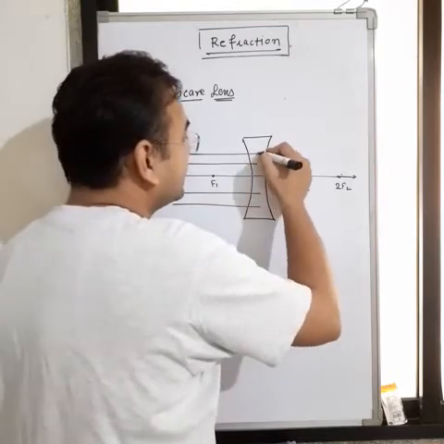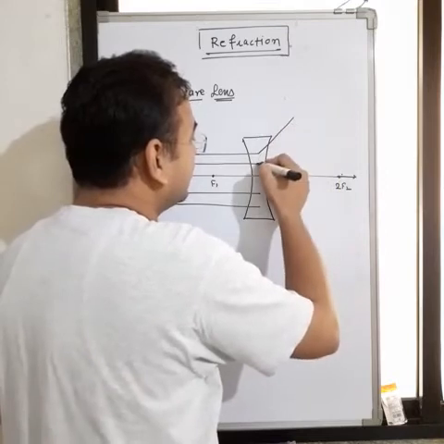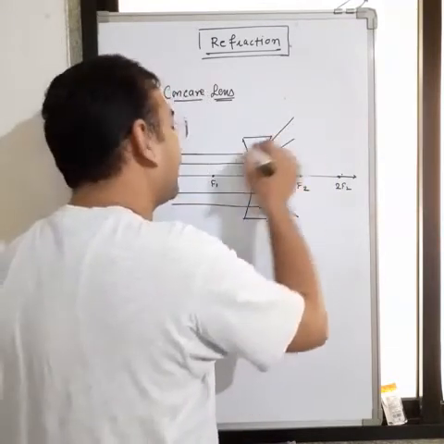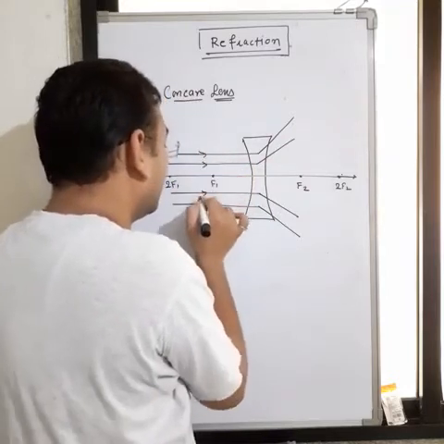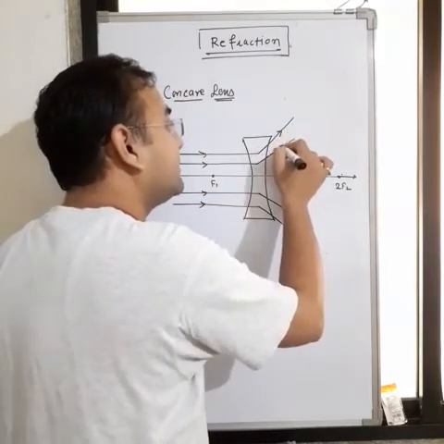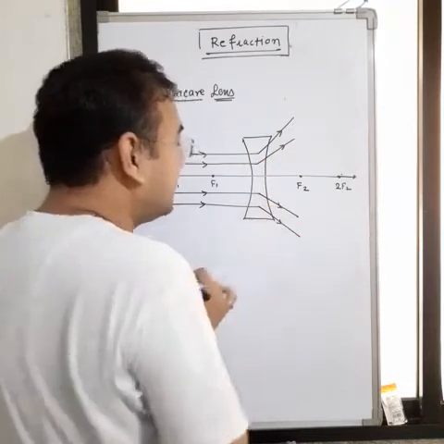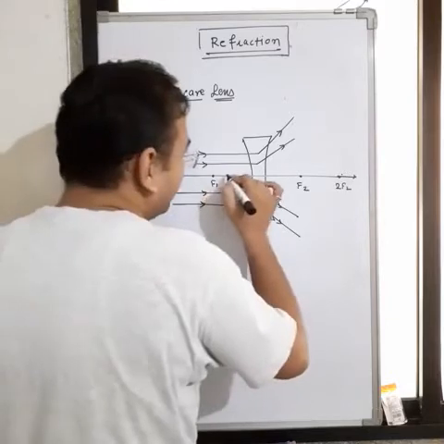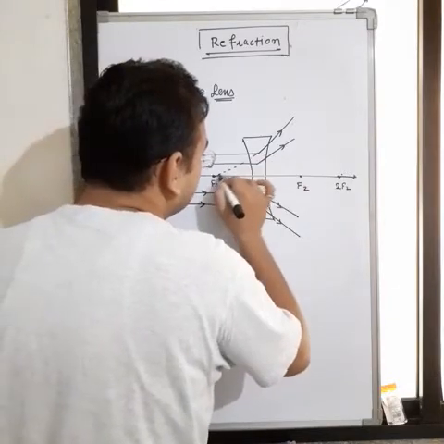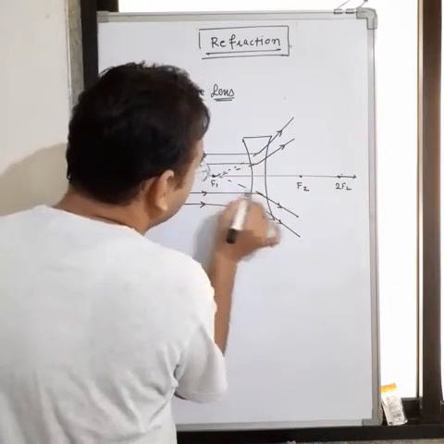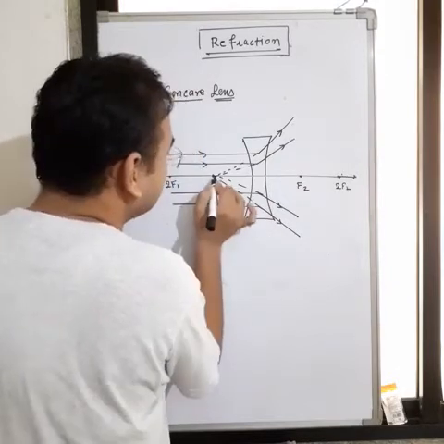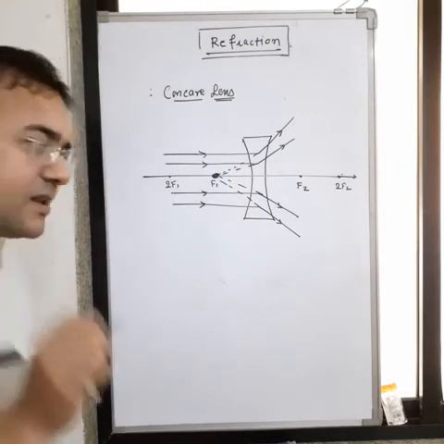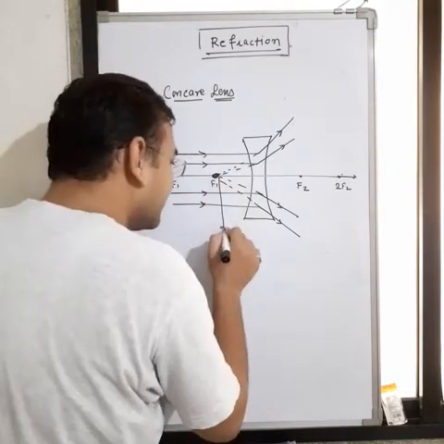The rays will diverge. But once we take an extrapolation of all rays, the extrapolation of all rays meets at the focus.